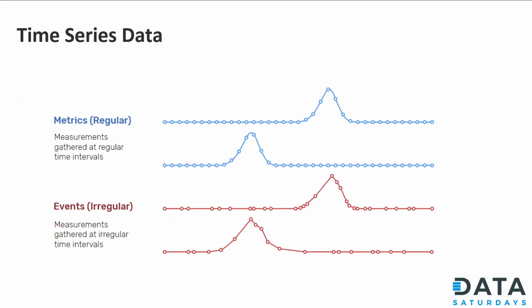We can have two types of time series data. We could be dealing with metrics, and this is data that is evenly spaced over time. That means that we receive the data that we are observing at regular intervals, so it is evenly spaced between the samples. Another possibility is to get the events at random times.